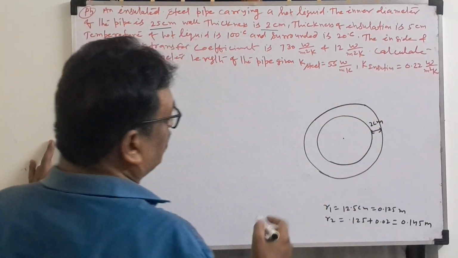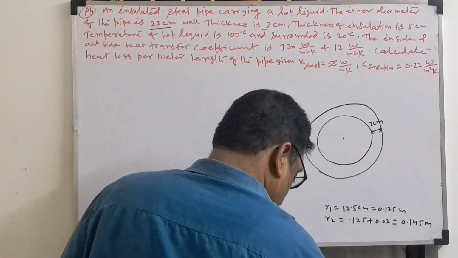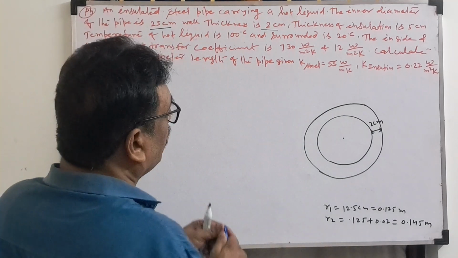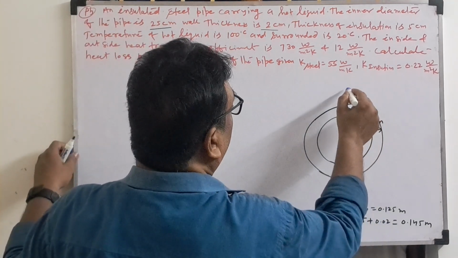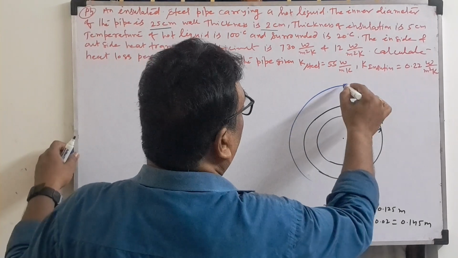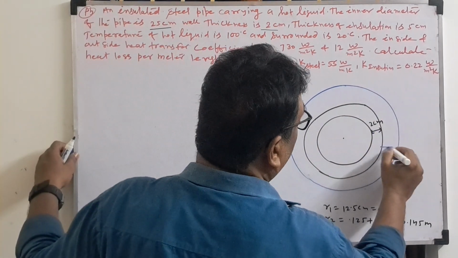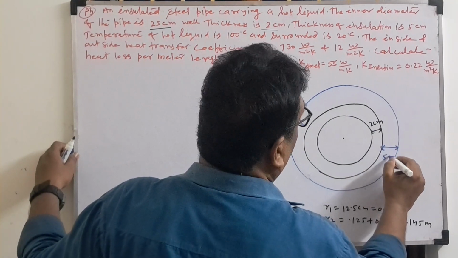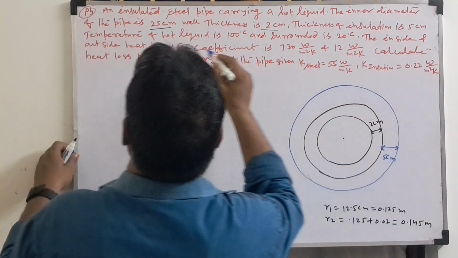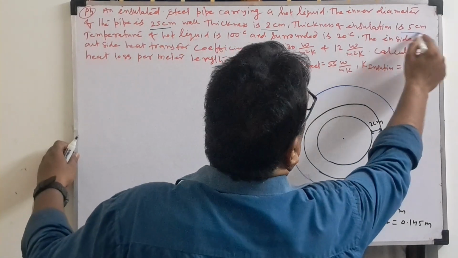Now the thickness of the insulation. I am using a different color. This is called insulation, and its thickness is given as 5 centimeter.